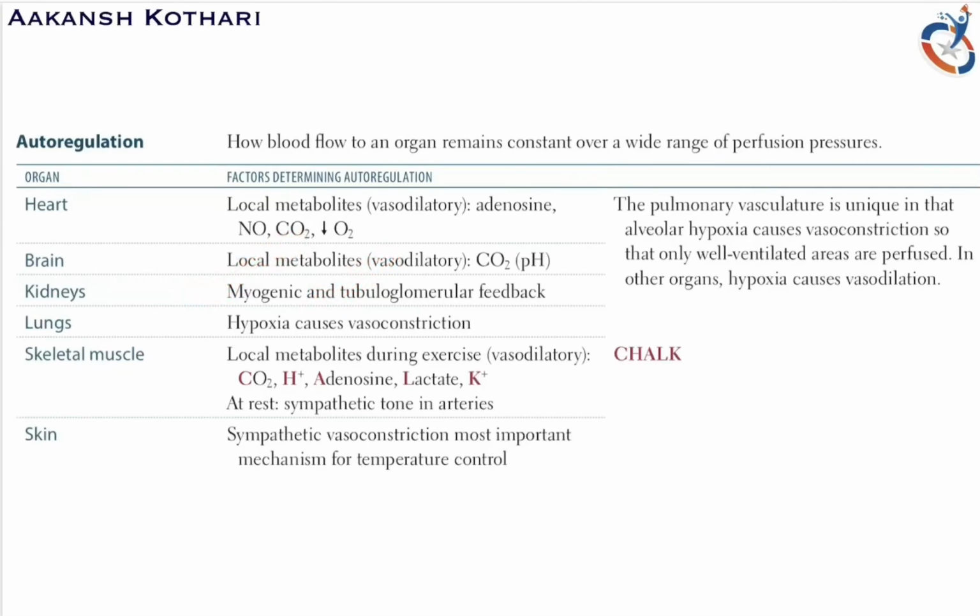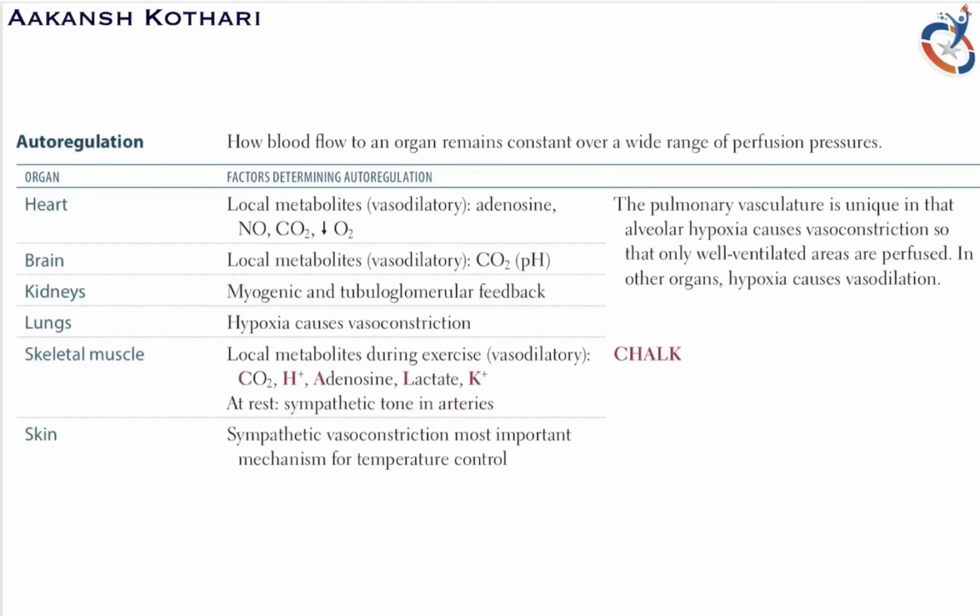Lungs, when there is a hypoxic condition, that is decrease in the oxygen content, it vasoconstricts. The skeletal muscles also have their local metabolites, that is abbreviated as CHOLP, that is CO2, H+, adenosine, lactate, and potassium concentration. Whereas at rest, they are majorly regulated by sympathetic tone.